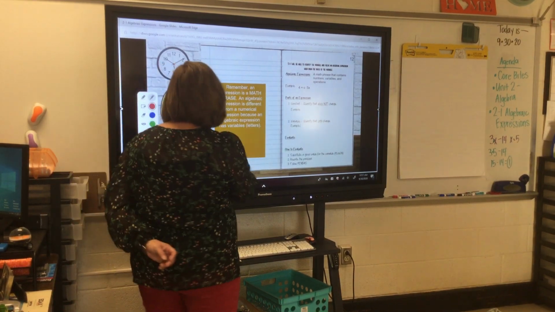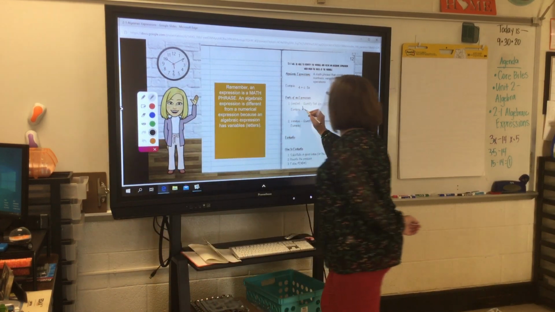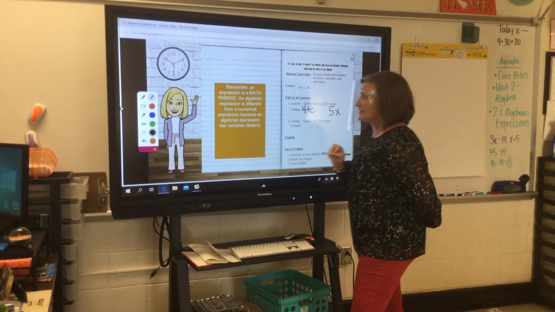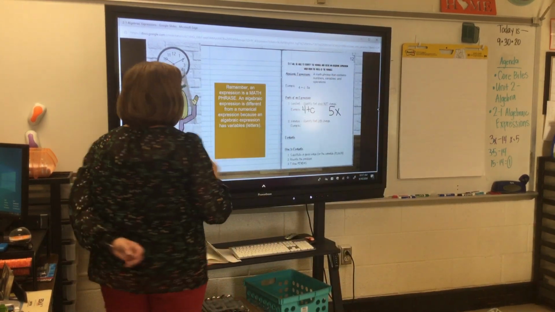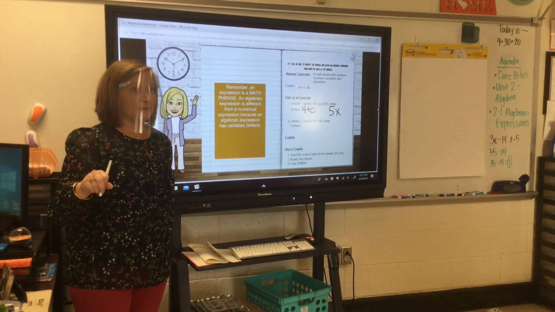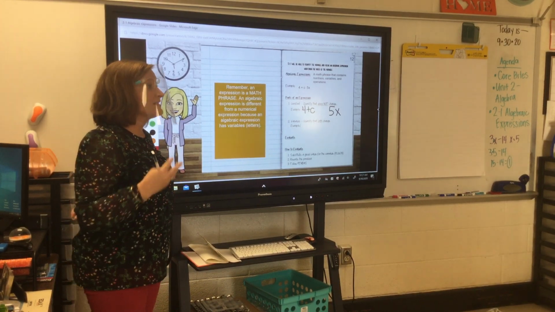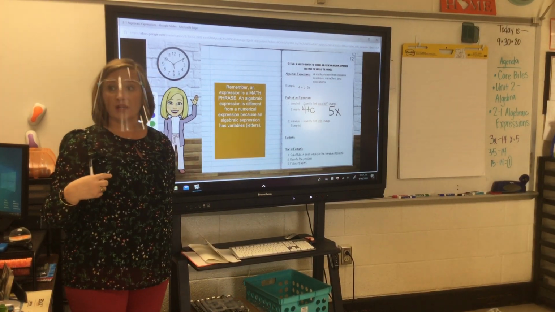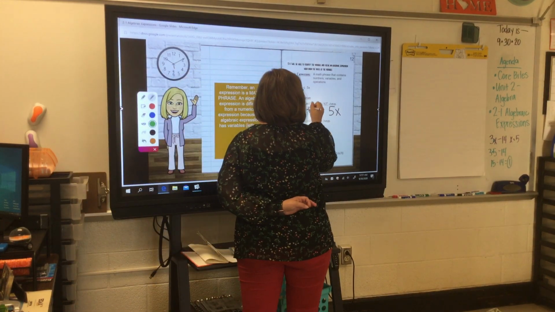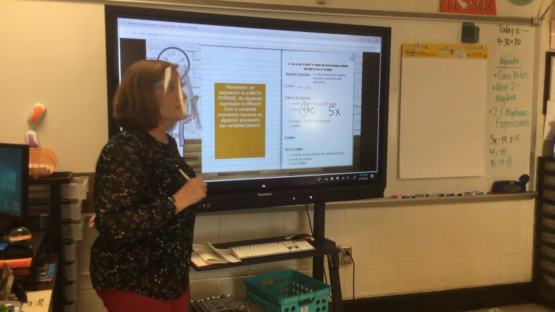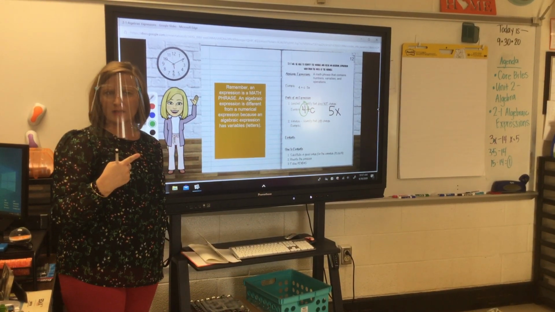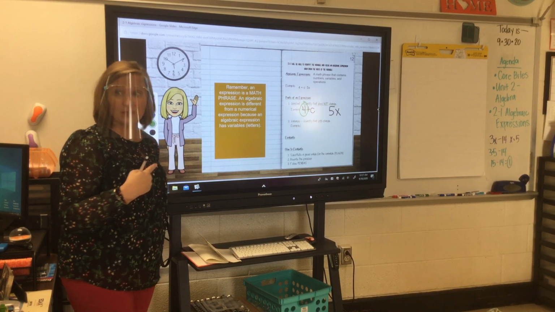So if we have our two examples, 4 plus c and 5x, okay? Now, the very first thing I want you to do is look at 4 plus c. What's constant there? What's not going to change there? The 4 is not going to change, okay? The 4 is constant. 5x, what operation's going on there? Times, okay?